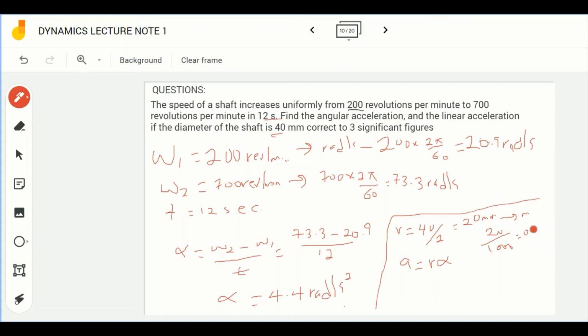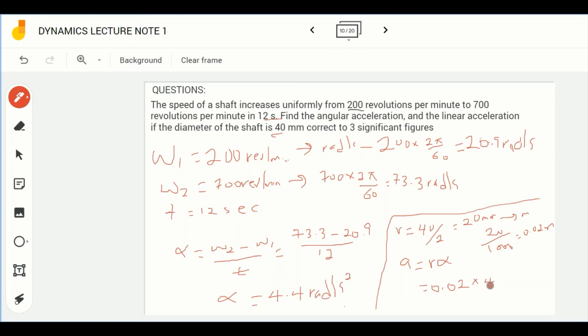So now I can find my linear acceleration. My R is 0.02 times my angular acceleration, 4.4. All right.